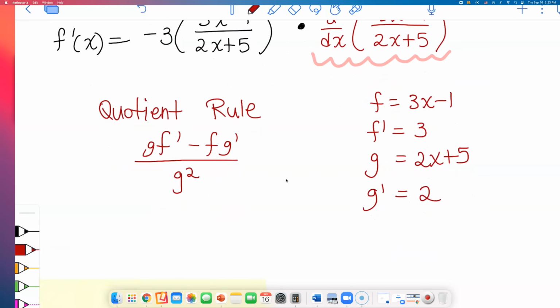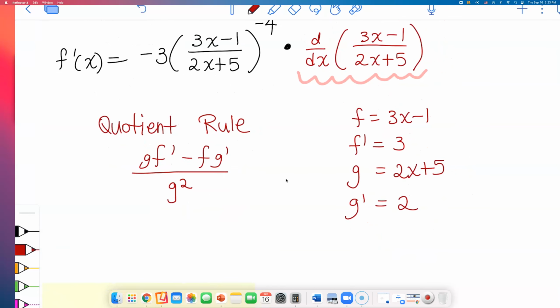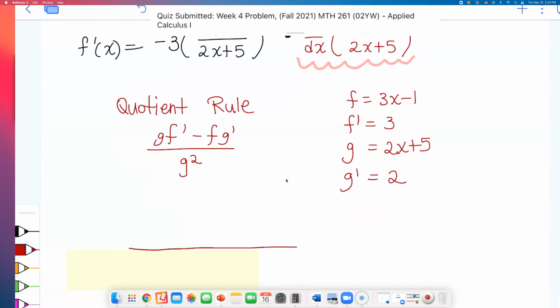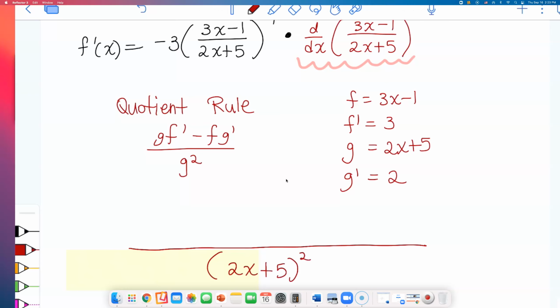So let's put these pieces together to find the derivative of this inside function. Big fraction bar. In the denominator, I will have 2x plus 5 squared. On the numerator, I need 2x plus 5 times 3 minus 3x minus 1 times 2.